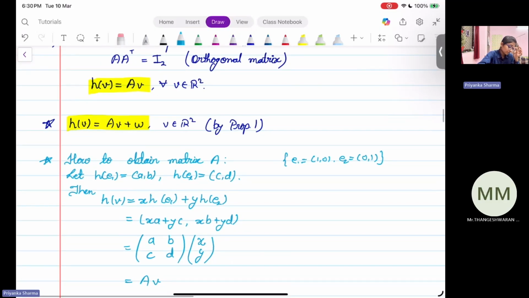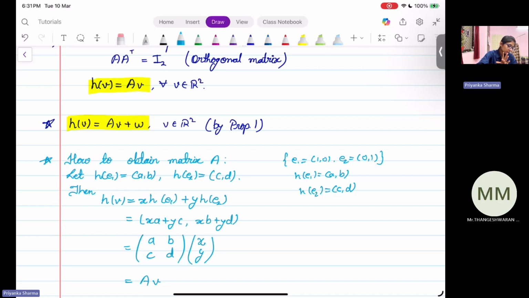And we assume that H(E1) is (a, b) and H(E2) is (c, d). Because H is a linear map, to get its form it will be sufficient to find the images of E1 and E2. Then we can determine H uniquely.